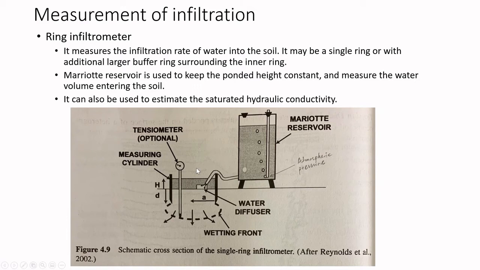Okay, so if you look at this diagram again, you can see that a small portion of the ring actually enters into the soil, and then you can also have a tensiometer inserted into the soil, and then water will enter the soil, and of course you will have the formation of a wetting front within the soil. All right.